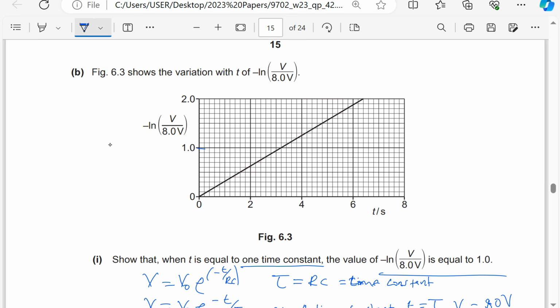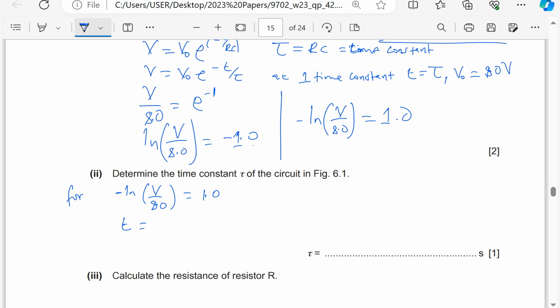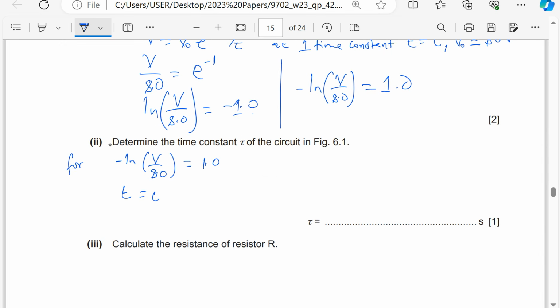So when this is 1, then this is going to be this value here, which is 3.2. So it means t, which is equal to tau, is equal to 3.2 seconds. So the question is determine the time constant. Remember, for one time constant, small letter t is equal to tau. So this is going to be 3.2 seconds.